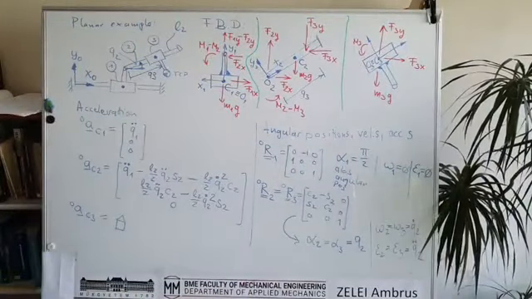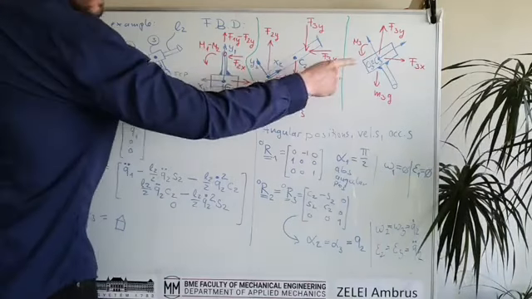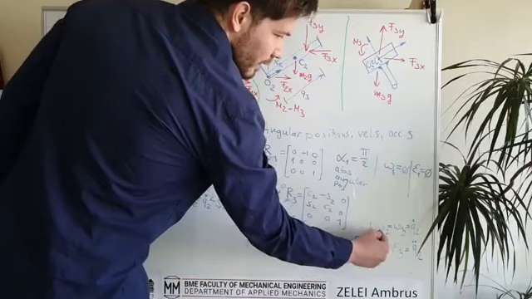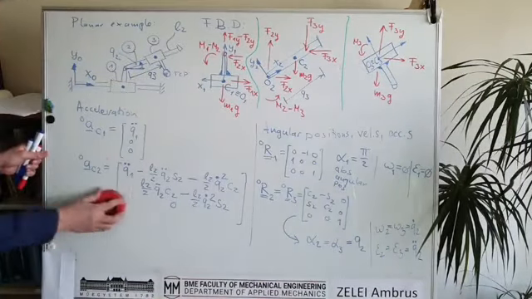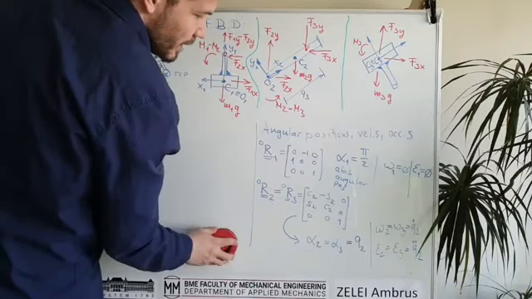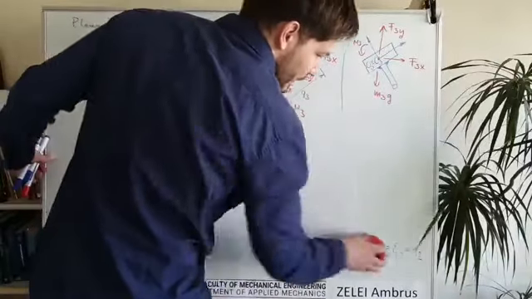And now we have everything. So we have the acceleration for the center of mass of each rigid body, and we also have the angular velocity and angular acceleration for each rigid body. And now we can move on with the dynamic equations, which is the last step.